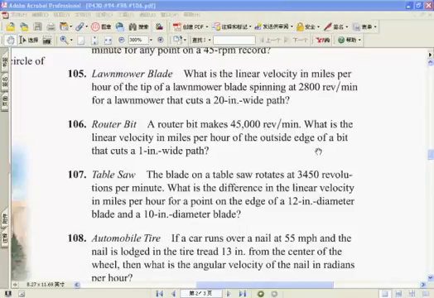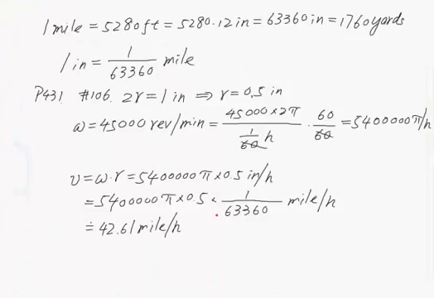And then you also need to convert this radius from inch to miles, right? And you need to convert this minutes to hours. So we have a lot of conversions, but after all these conversions, it's just a simple computation, right?